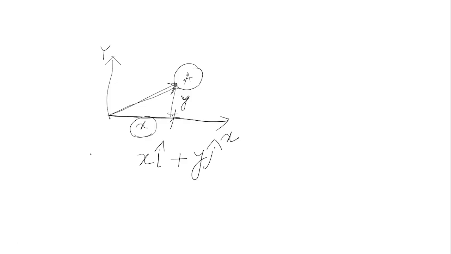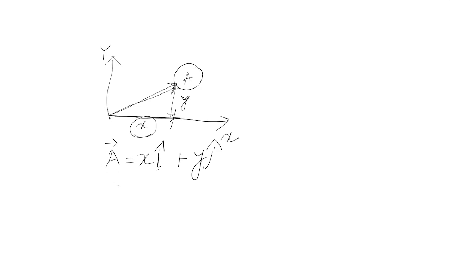So this is the a, and it has a direction, so we put an arrow on top of that. So it has a value, these are the value, and it has a direction, these are the direction. So how can we calculate the value?